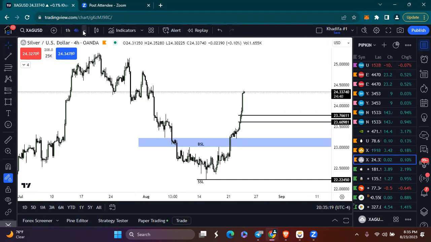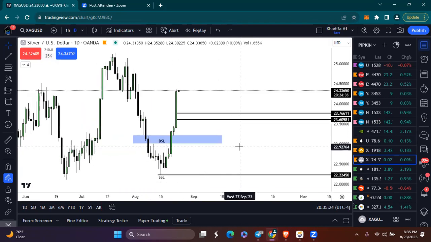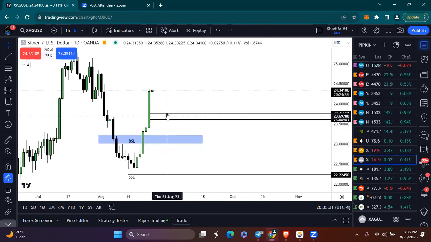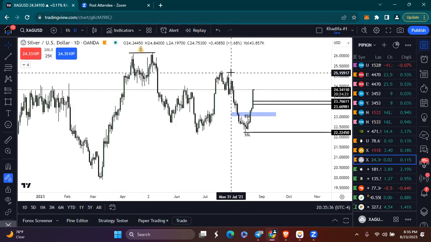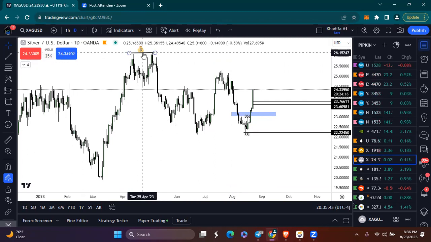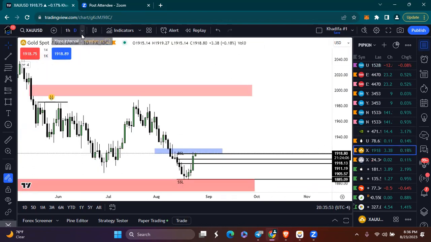So I would like to see us at least pull back to today's discount levels, discount array, if we're going to continue to the upside to run this buy side liquidity and possibly reach for these equal highs and this pool of liquidity up around $26. So there you have it for silver.